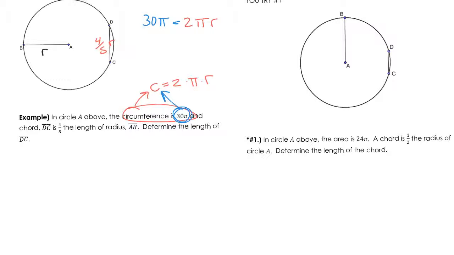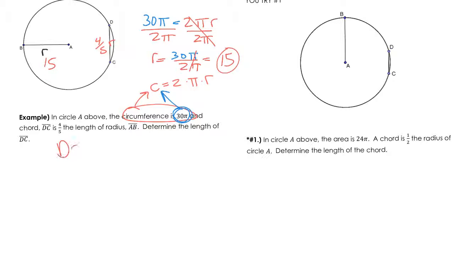Now I want to get the radius, so I just have to divide by 2 pi on both sides. That way it cancels out over here. So the radius is equal to 30 pi divided by 2 pi. The pi's cancel out. 30 divided by 2 is 15. So my radius is 15.